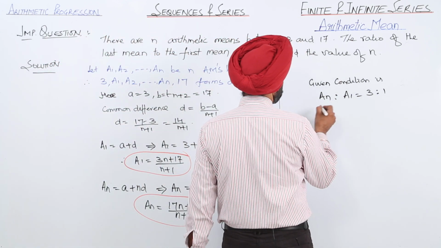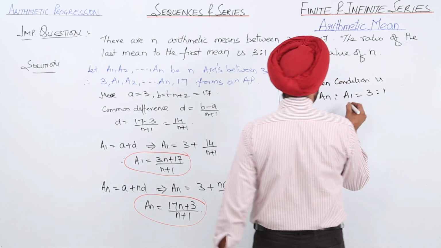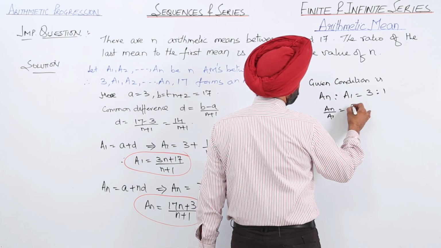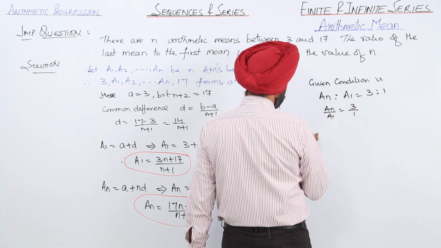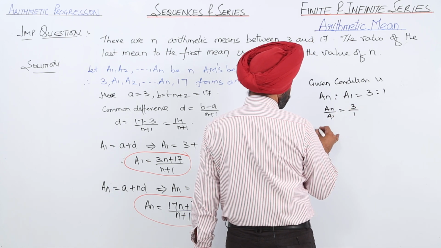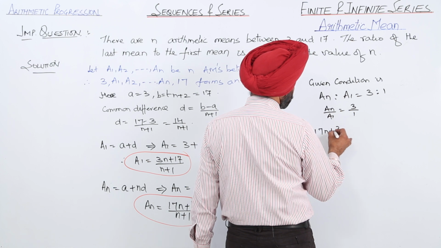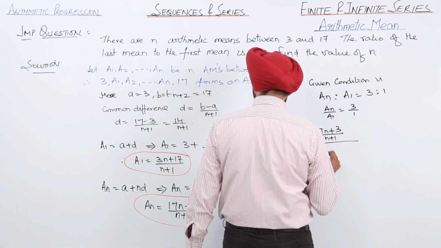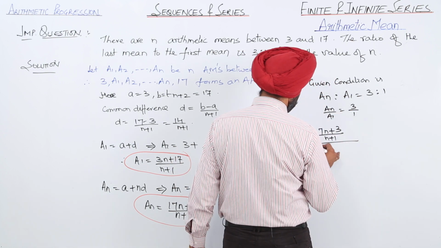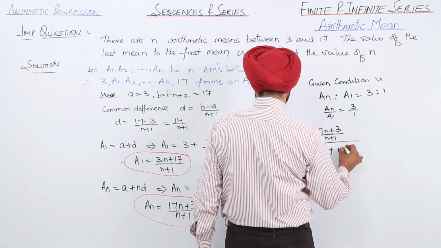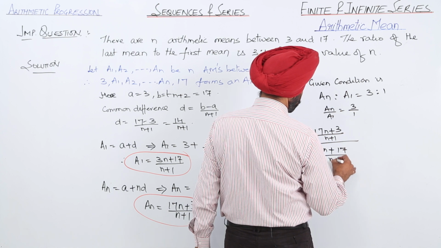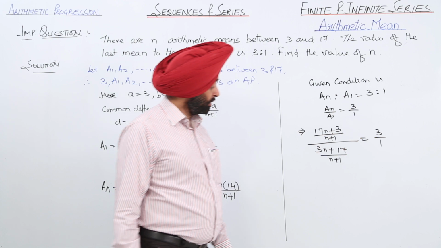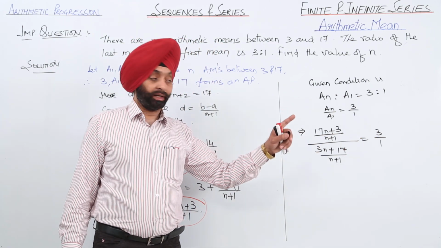Or we can write An upon A1 is equal to 3 upon 1. Now An was (17n plus 3) upon (n plus 1), divided by A1, (3n plus 17) upon (n plus 1), and this is equal to 3 upon 1. Now we can cancel (n plus 1) and (n plus 1).